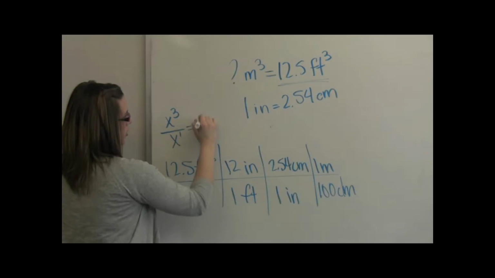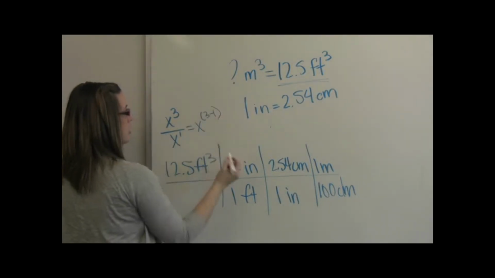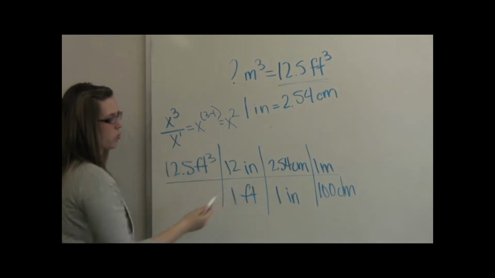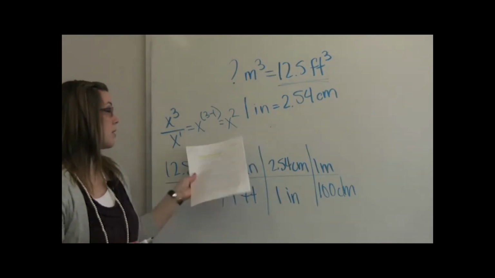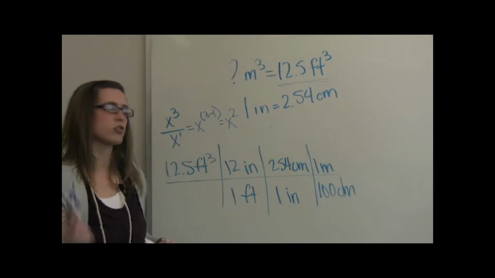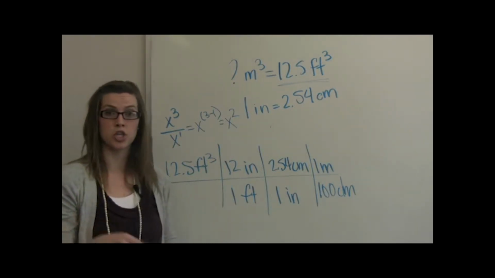So this is actually 3 minus 1, which is the same thing as x squared. If we were to cancel these out, we're still left with feet squared, saying that feet is our x. So we haven't completely canceled out all of our units.